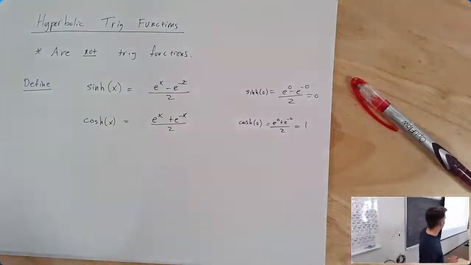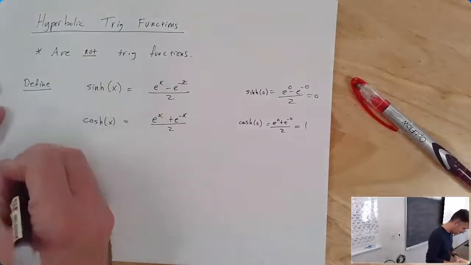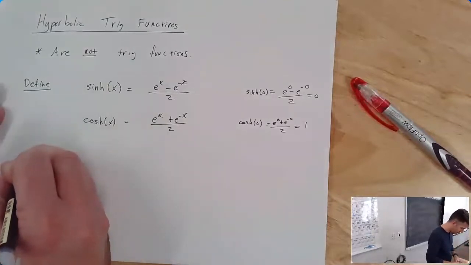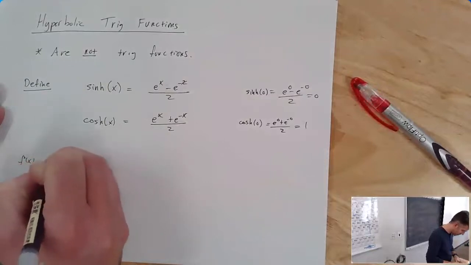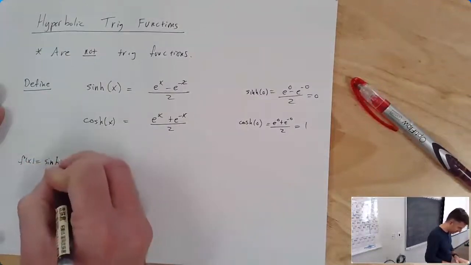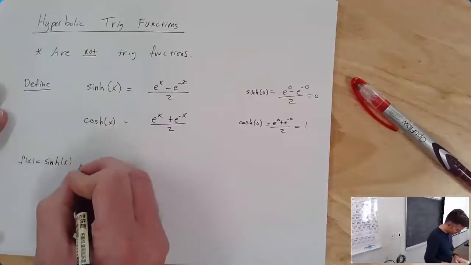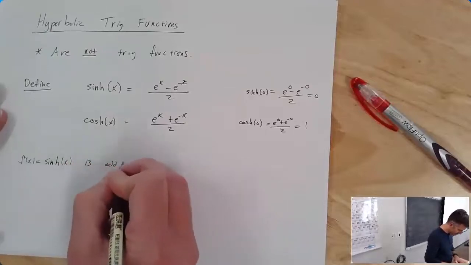But let me talk about how they're even and odd first, and then we'll talk about how the other things look. So it's definitely an odd function, f of x equal to the hyperbolic sine of x. Try not to make your h's and n's look the same. This function is odd. Check it out.